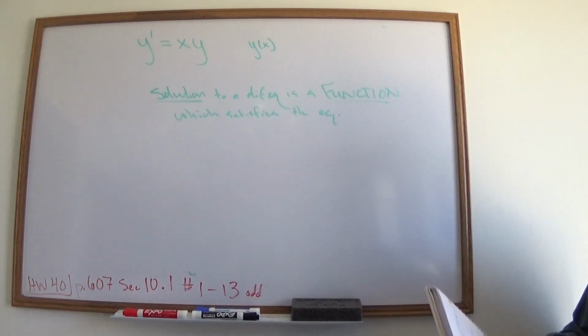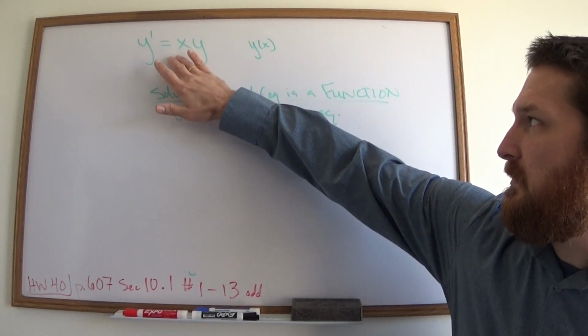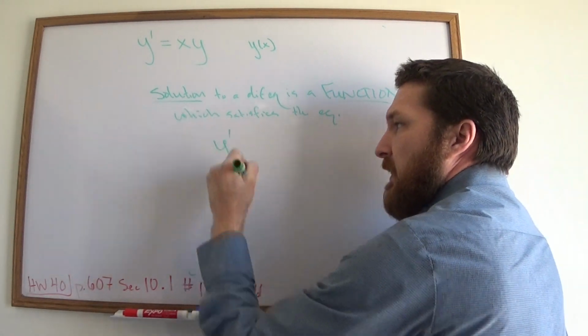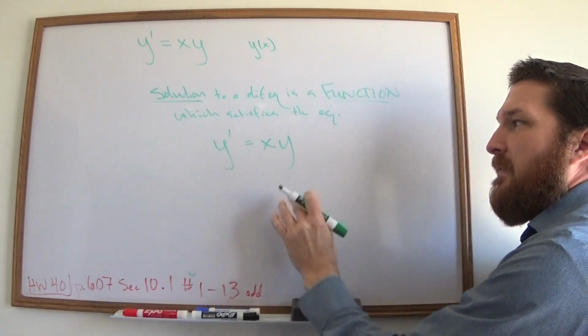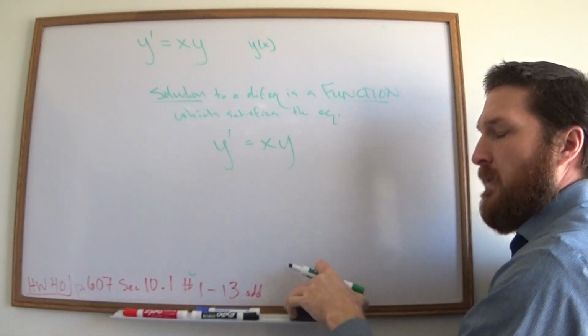That is, if this function is a solution to this differential equation, then when I take the derivative of it and then I multiply it by x and multiply it by then this is equal, right? That's what we mean by satisfies the equation, okay?